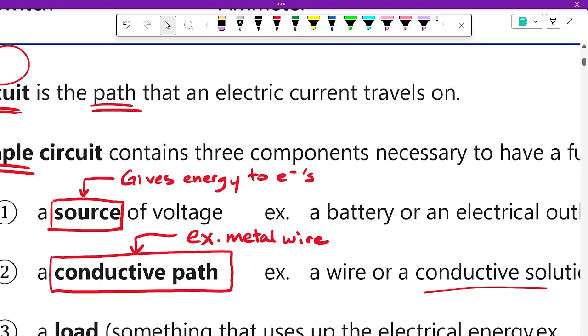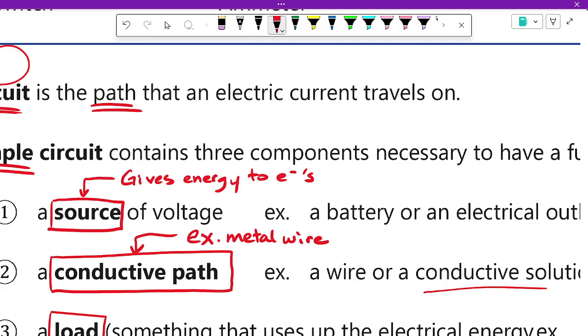The last thing we need, unless we want a short circuit, and short circuits are no good, is a load. A load is the word for something that uses up the electrical energy. Can you think of something that uses up electrical energy? Light bulb.